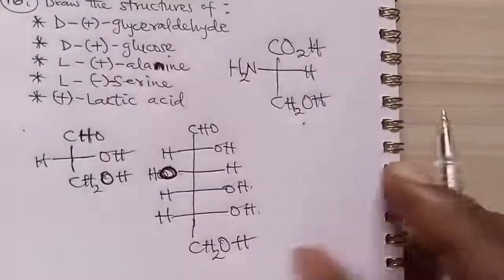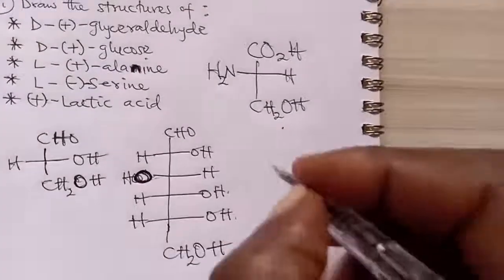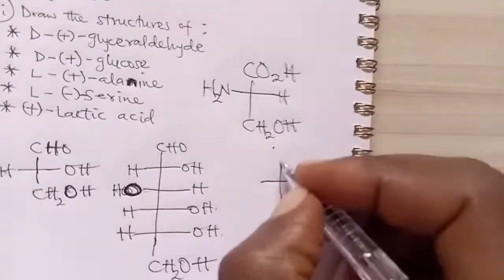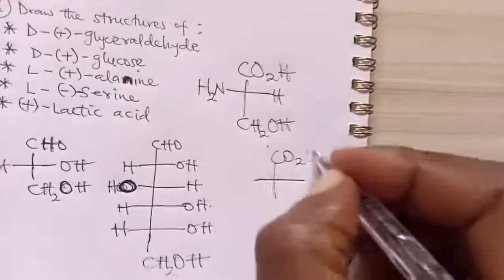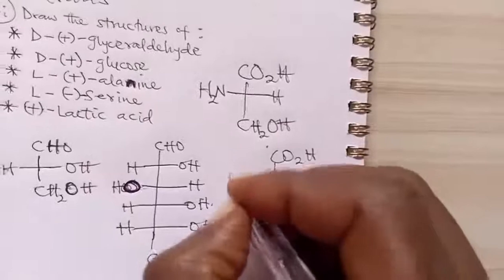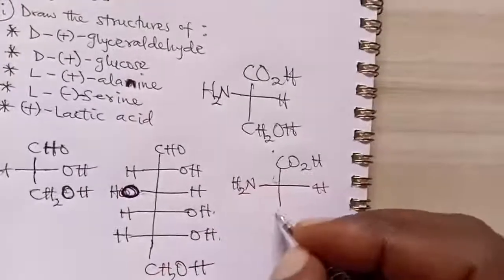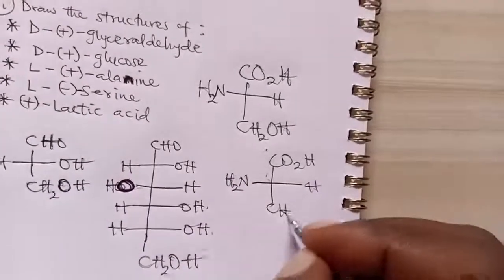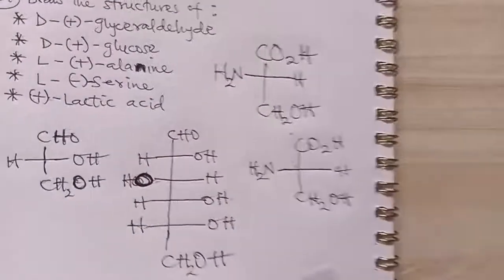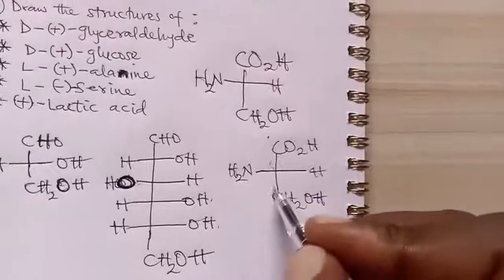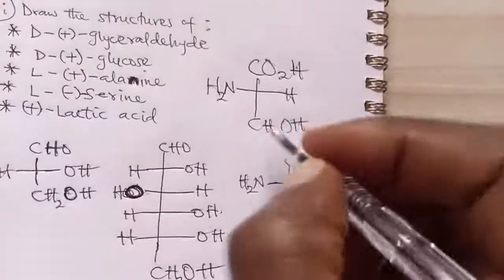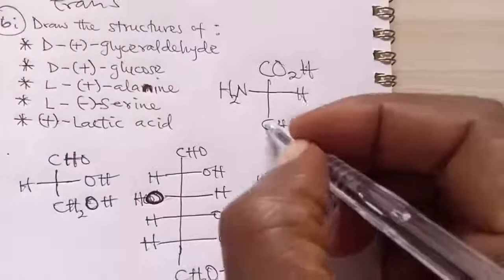Then the other one is L negative serine. Let's draw here. We have this CO2H, then here we have H, then here we have an amine group. And then we have CH2OH. I beg your pardon, here is L negative serine, but here is supposed to be a methyl group.